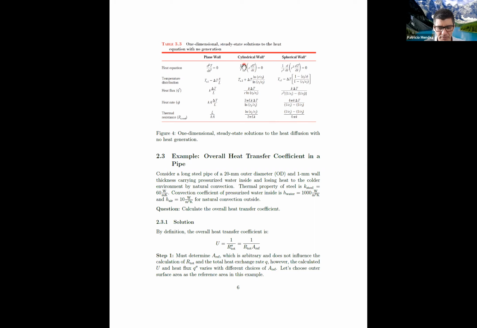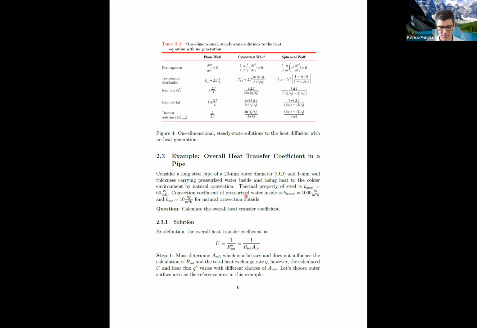You see here we have the differential equation that we're solving. They look complex. They are not complex at all. We solve them by integrating twice straight out. If you're curious, we can discuss in the office hours. I'd love to. It's all in the book stepwise.